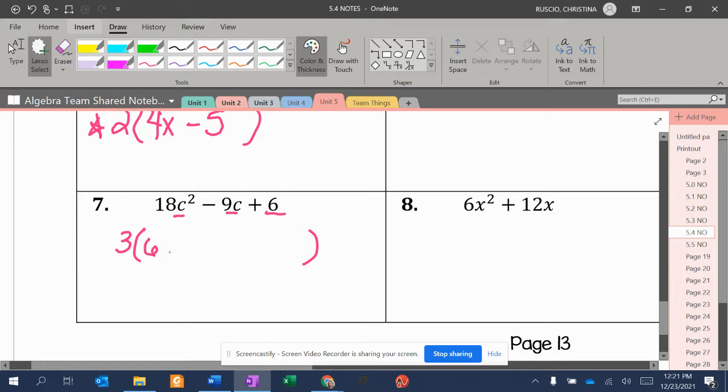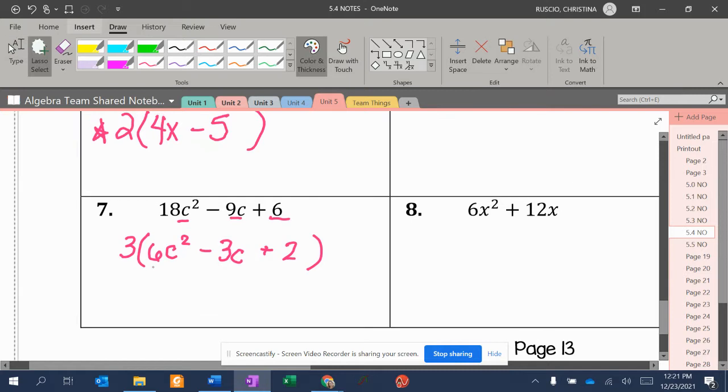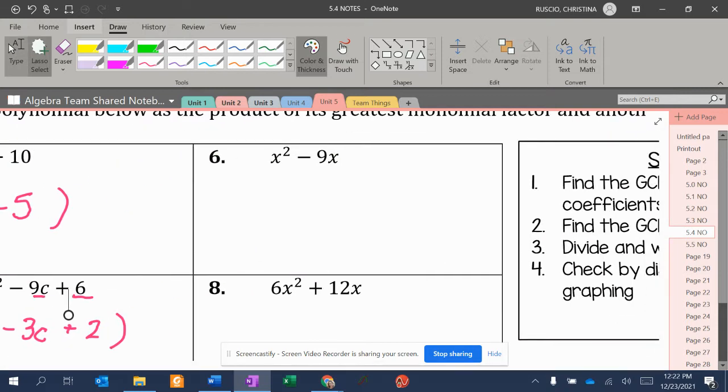So this just becomes, well, 3 times 6 will give us the 18, so 3 times 6C squared is my first term, and then 3 times negative 3C will give us that negative 9C, and plus 2. We can always tell that we factored out the GCF if all of the terms in here don't have anything common, and 6, 3, and 2 don't have a common factor, and not all have a variable.